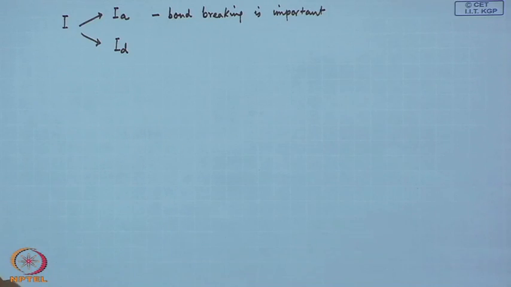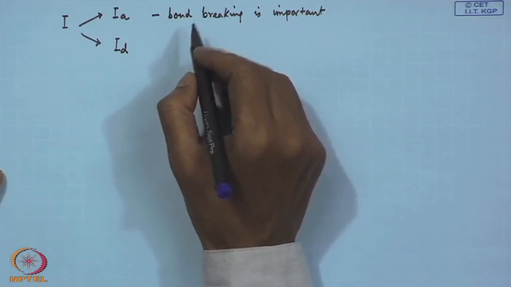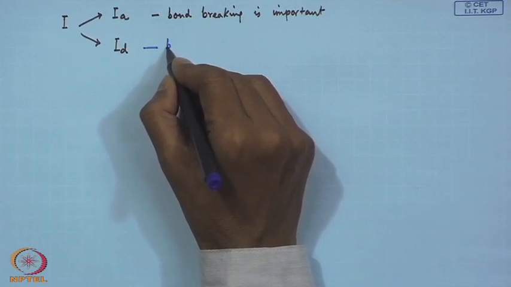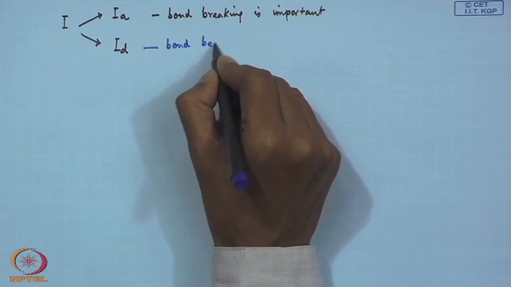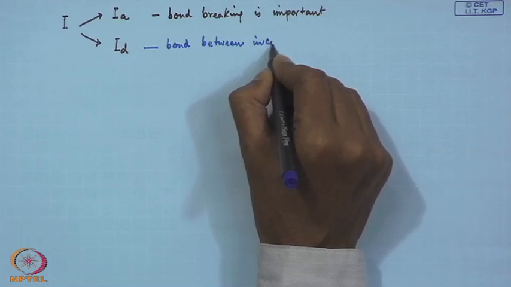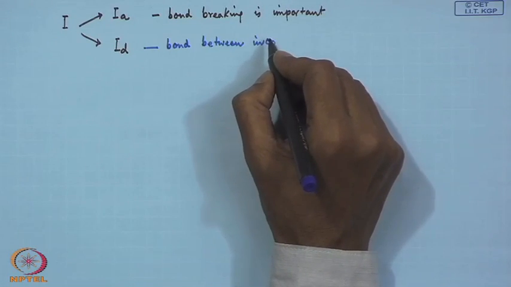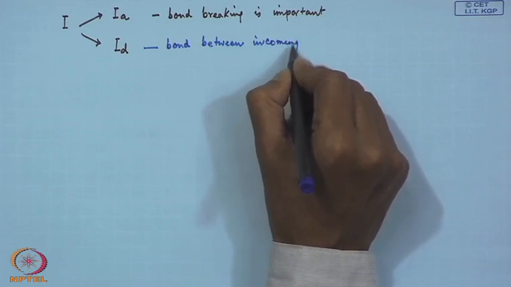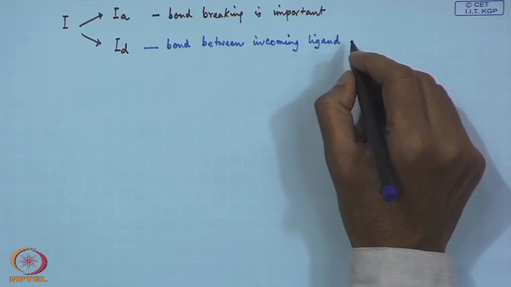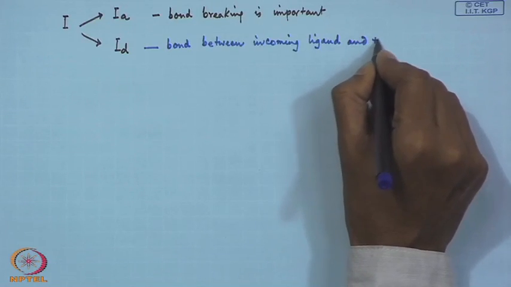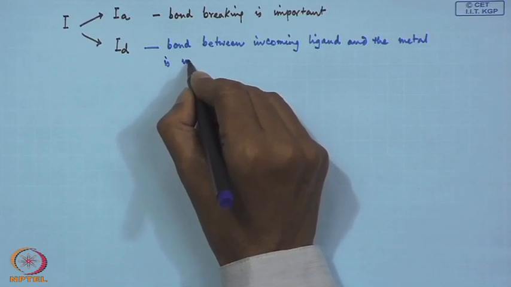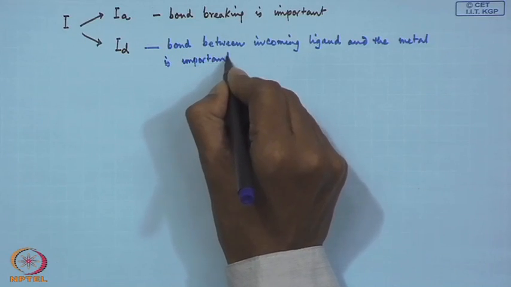And in the second case, which is the dissociative one, the bond formation between the incoming ligand and the metal is important.